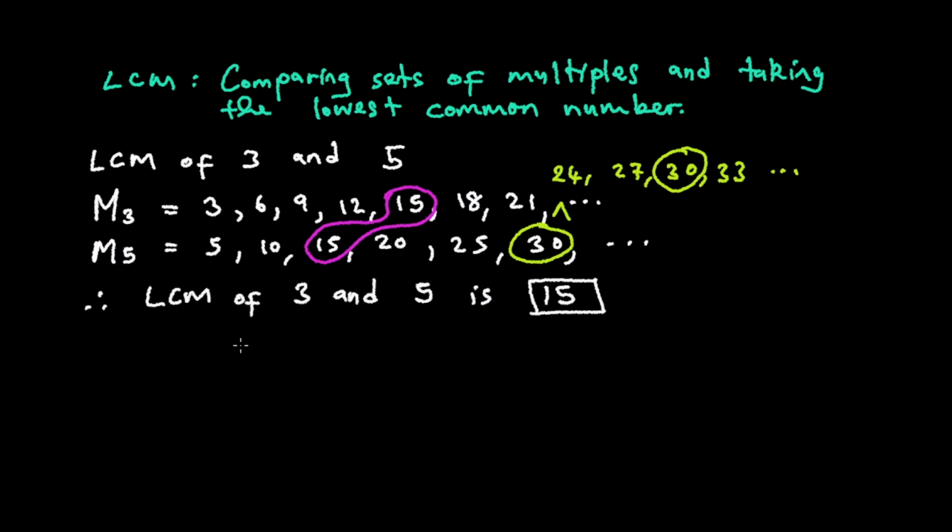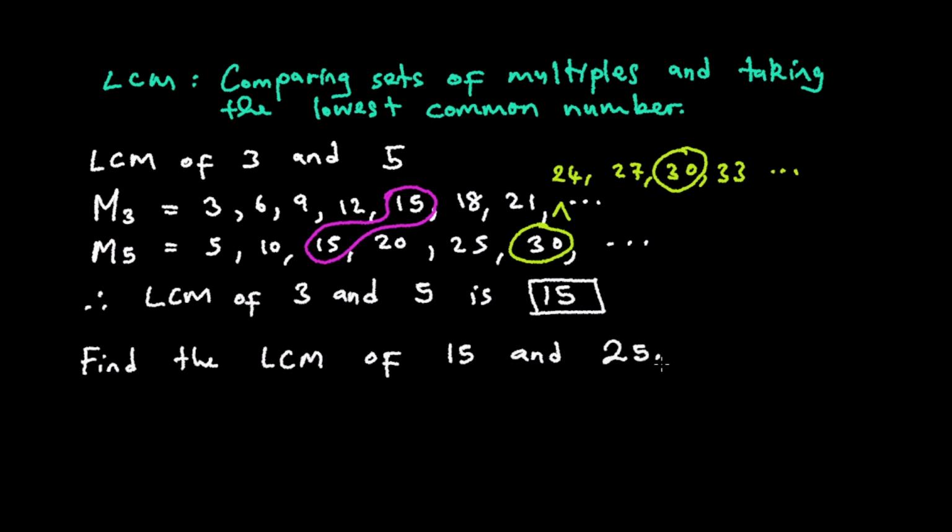Okay. But this method, though correct, is tiresome. It's not efficient, especially when we are faced with bigger numbers. Take for instance, if we are asked to find the lowest common multiple of 15 and 25.